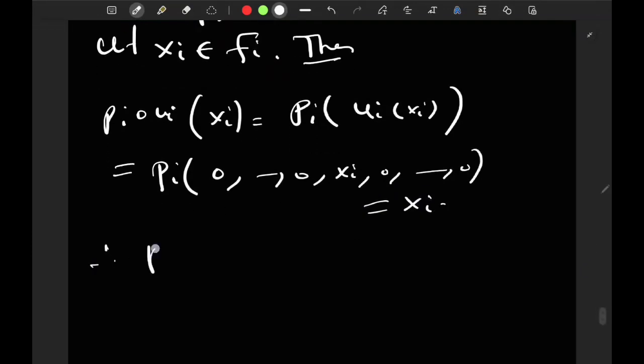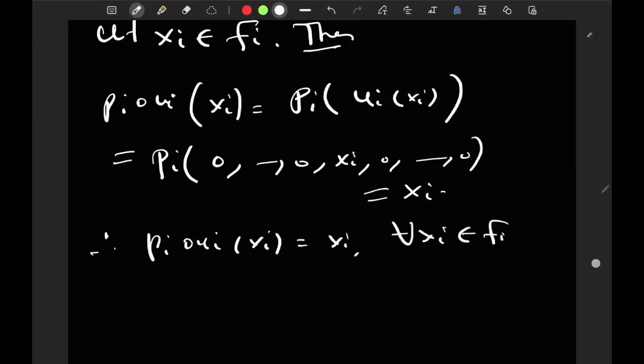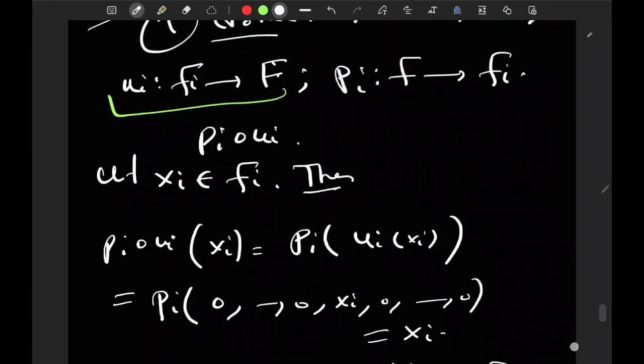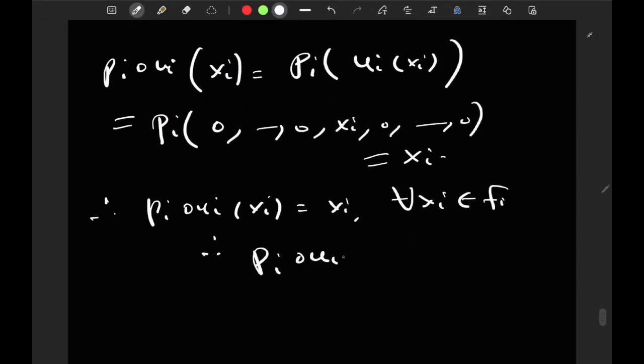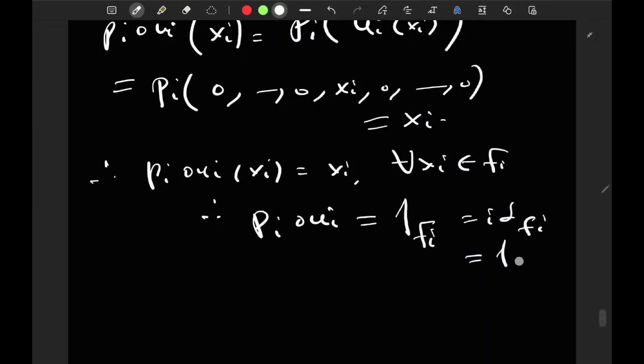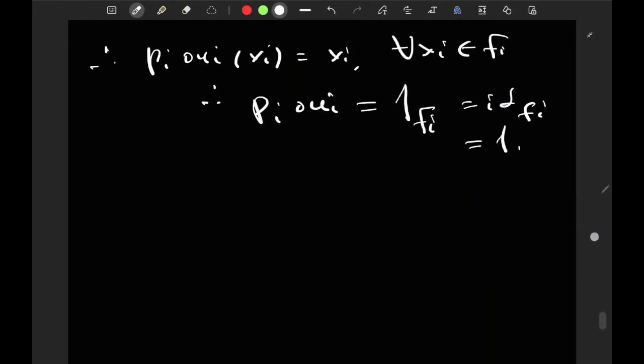So we conclude that p_i of u_i of x_i is equal to x_i. This is true for all x_i in F_i. Therefore, the map p_i composed with u_i is the same as the identity of F_i. You can write it like this, or if you want, just write 1, where no ambiguity can arise.